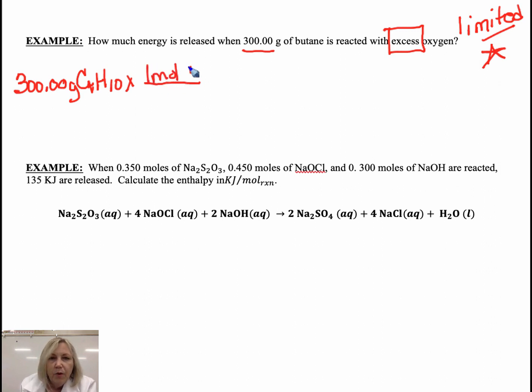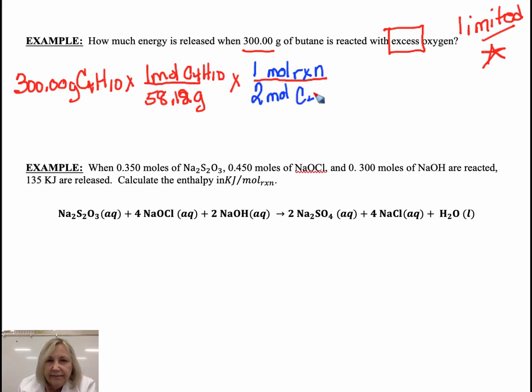So 1 mole of butane is 58.12 grams. Now this is where our new conversion factor comes into play. In this reaction, for every 1 mole of reaction, or 6.02 times 10 to the 23rd cycles, I'm going to consume 2 moles of butane.